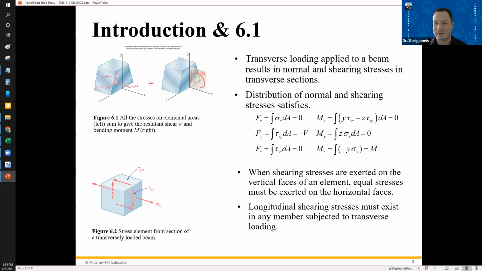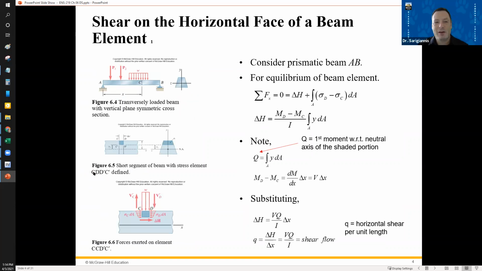Longitudinal shearing stresses are basically stresses that run along the length of the beam. They also exist in a beam subjected to these transverse loadings. Let's get into some more details. That's less theory, more looking at examples.